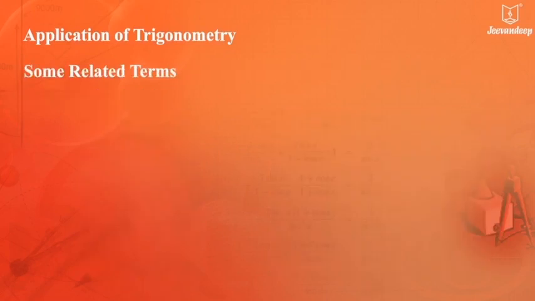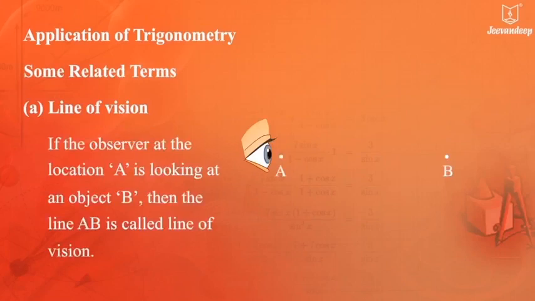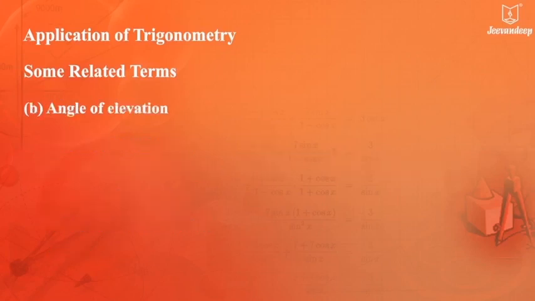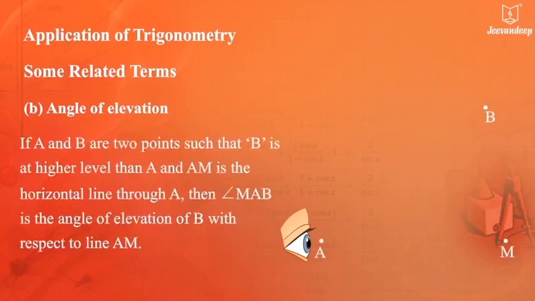Some related terms. A. Line of vision. If the observer at the location A is looking at an object B as shown in the figure, then the line AB is called the line of vision. B. Angle of elevation.